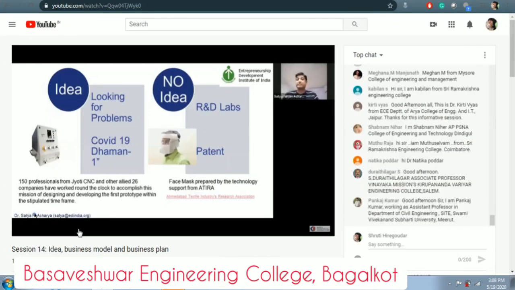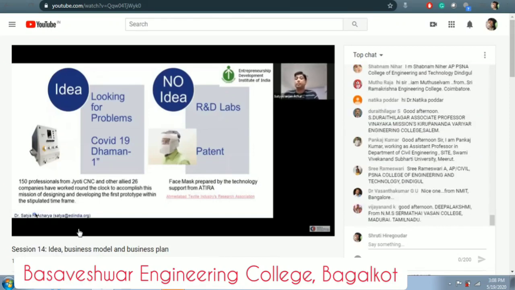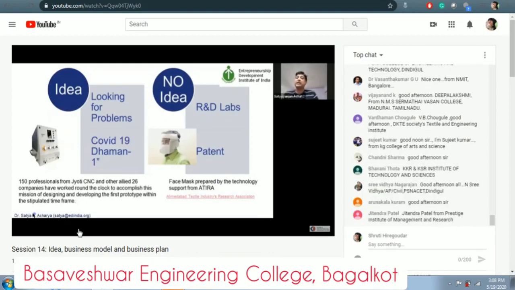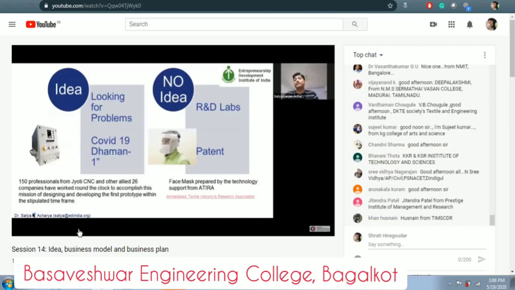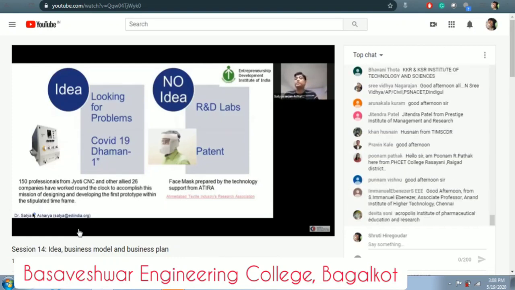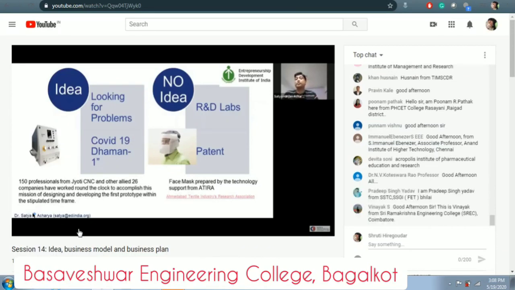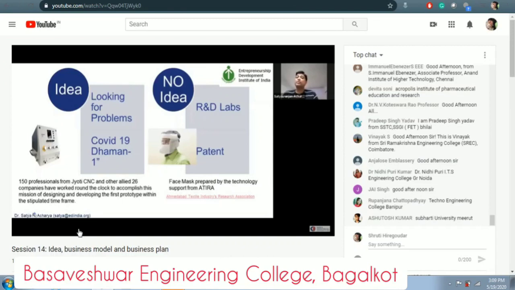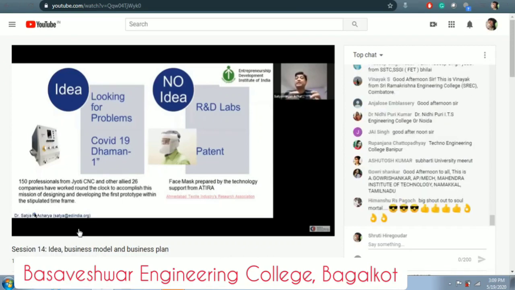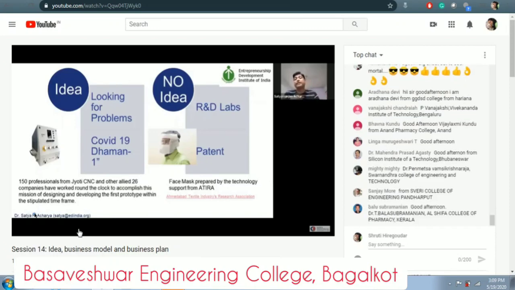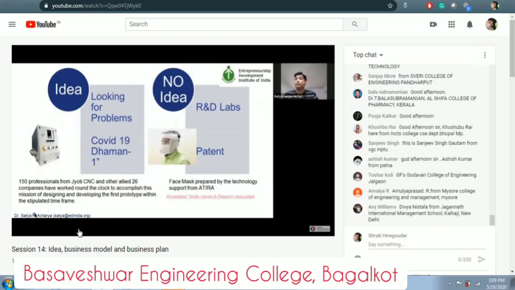So all of a sudden they started looking into how we can create an Indian-made ventilator. They identified a problem, tried to find a technology, started working and created a prototype, and in a very short period of time, they created this COVID-19 Dhaman 1, which is an Indian-made ventilator. In a very short period of time, they found a problem and came out with a solution.